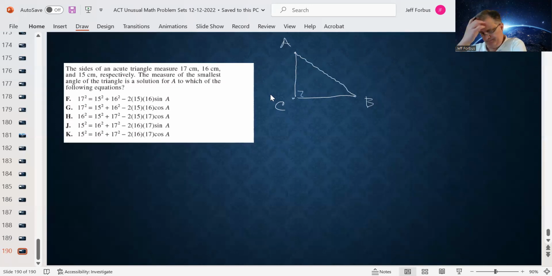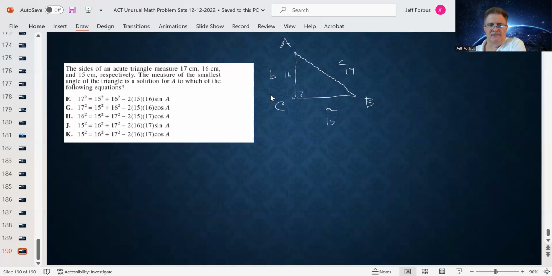Now, that means this side over here is lowercase b, this side here is lowercase c, and this side over here is lowercase a. We can label our triangle in this fashion: 15, 16, and then what's the other number? 17.